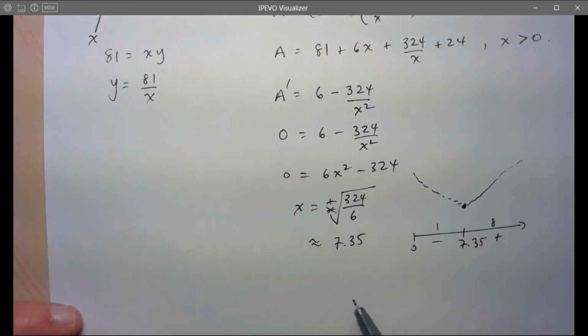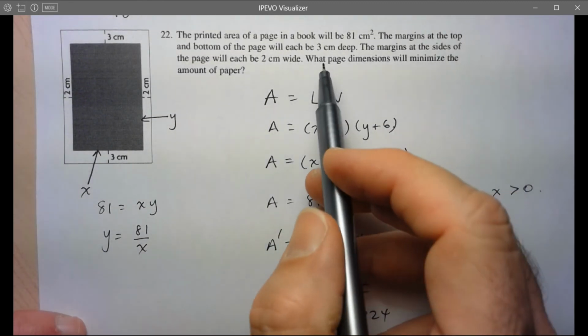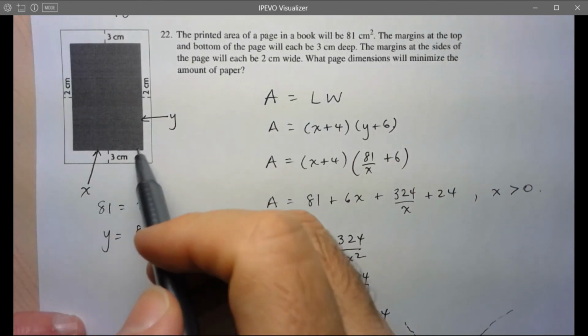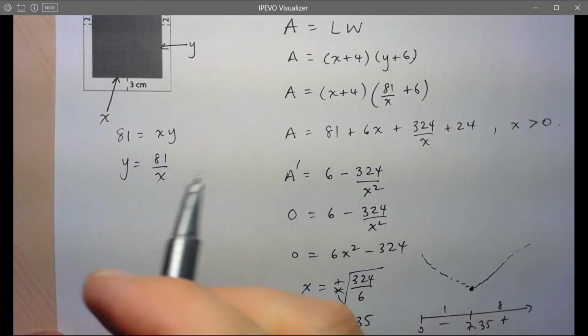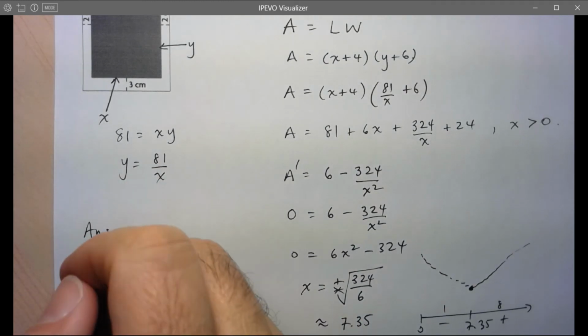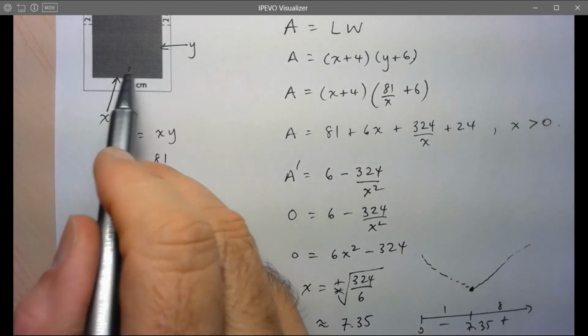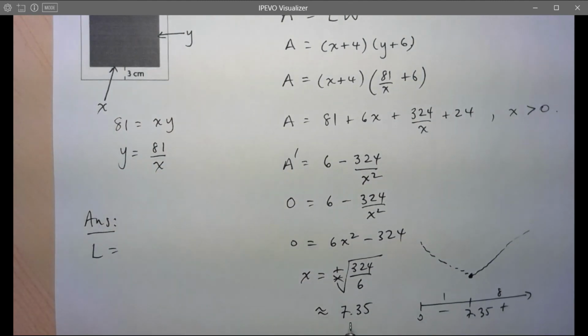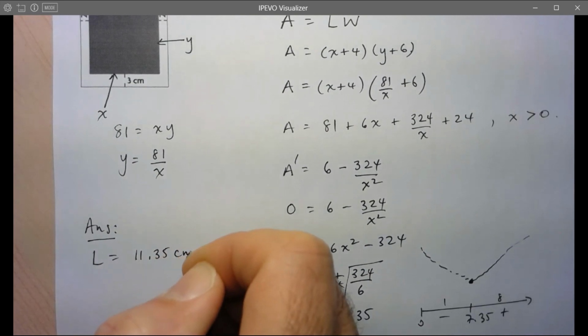Now let's take a look at what they were asking for. They were asking for the dimensions of the page, so we need the dimensions of the whole page. When we're looking for our answer, the length of the page is going to be, remember, x plus 4. So I'm going to have to add 4 to this, so that's just going to be 11.35 centimeters.